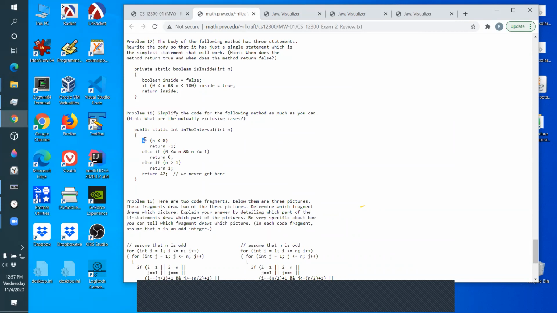So when you read an if, else if, mentally you need to keep track: this took care of the negative numbers. We still have to worry about the 0 and larger. Oh, look, this one took care of 0 and 1. That leaves all the numbers larger than 1. This one does all the numbers larger than 1. We're done. That's all the cases.